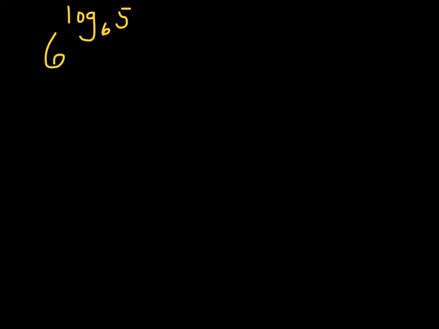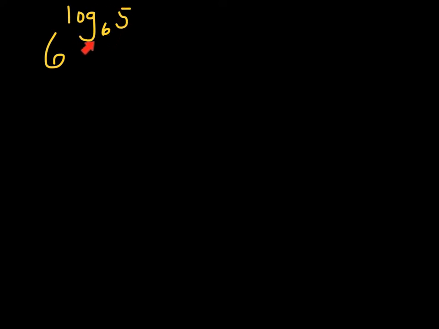This next one is interesting. It's base 6 raised to the power of log base 6 of 5. If you look at your property, this would be property number 4. I want you to understand that this power is a logarithm. And don't forget that a logarithm is an exponent.